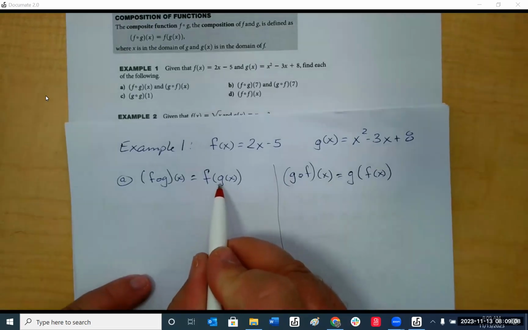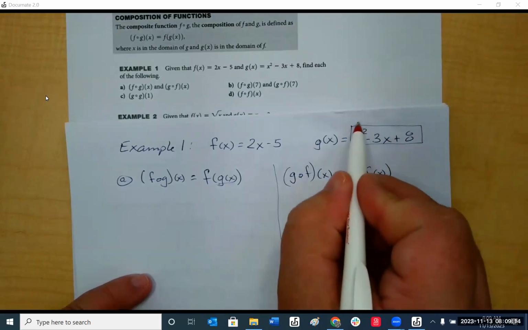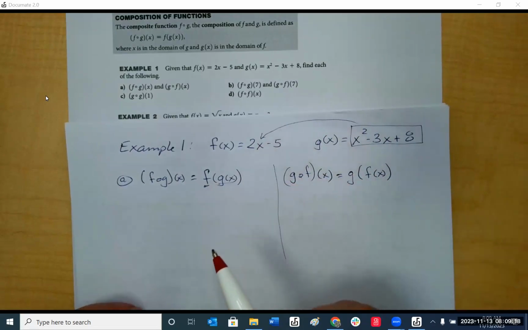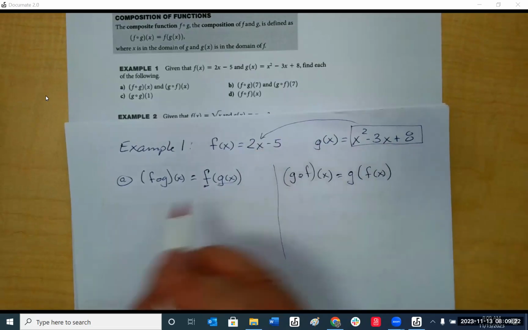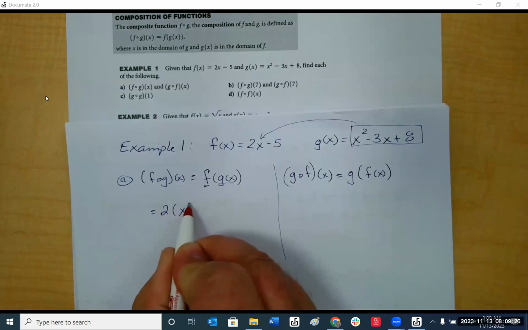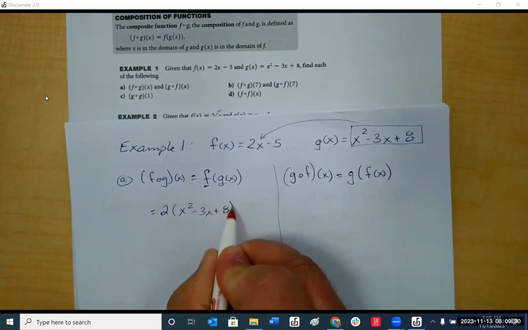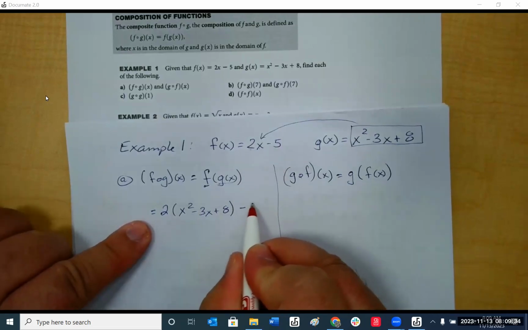On the left side, since g is inside the parentheses, so this equation goes anywhere you see an x in the outer function. This equation goes in place of x. So it's 2 times x squared minus 3x plus 8. That's the 2x. Then we have a minus 5.